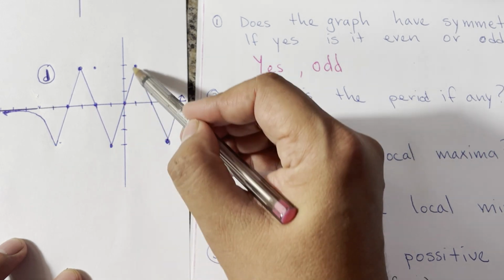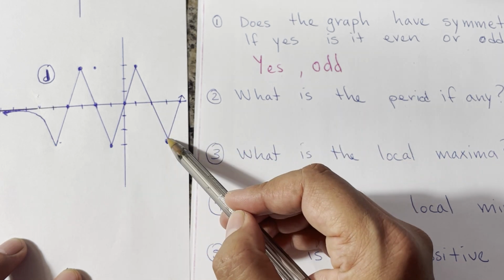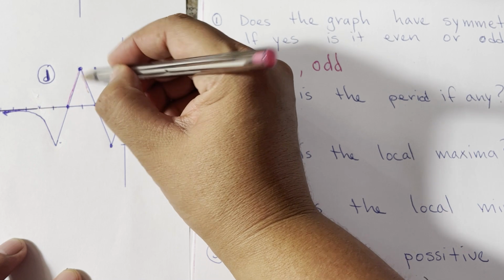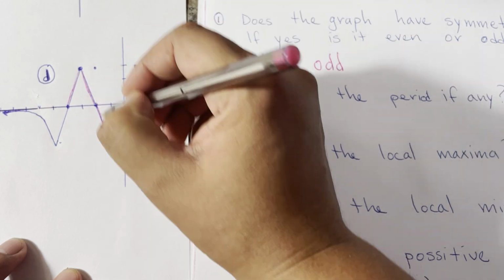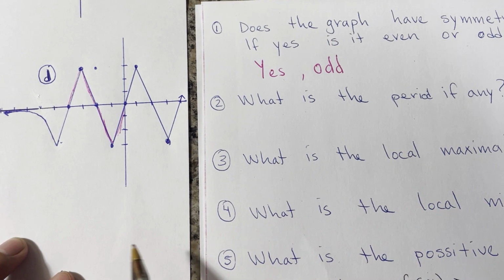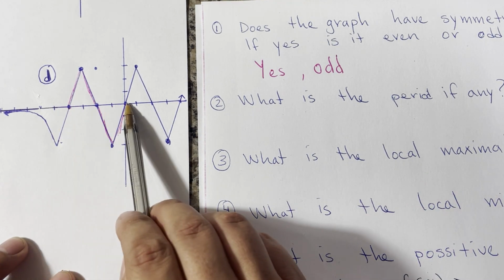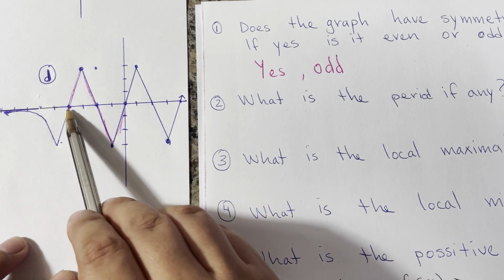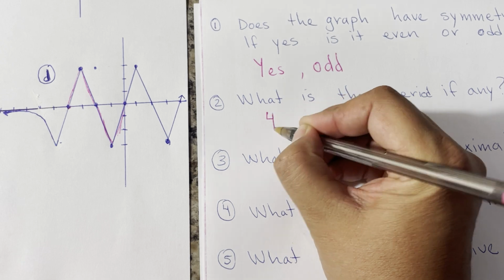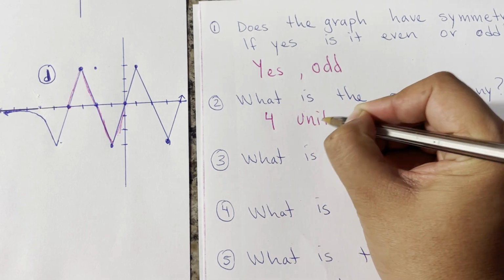And then again, up, down, even more down, up. So one period is this right here. And then it repeats again. Okay, the same pattern repeats again. So how long does it take for one of those repetitions? Well, it takes 1, 2, 3, 4 units. So in this one is 4 units.